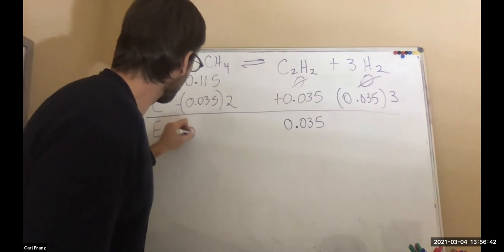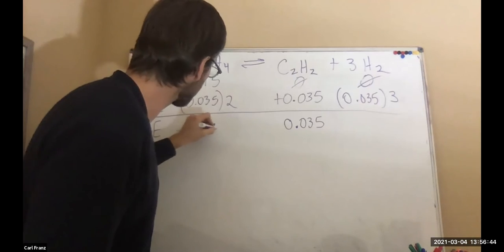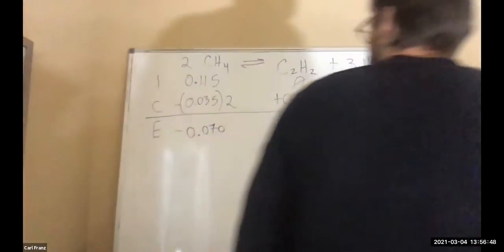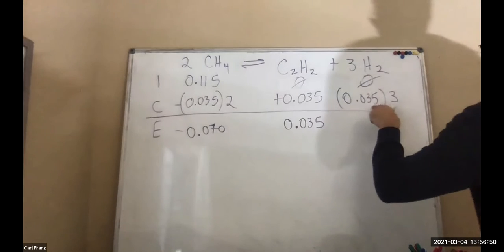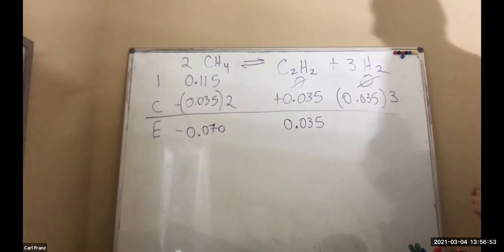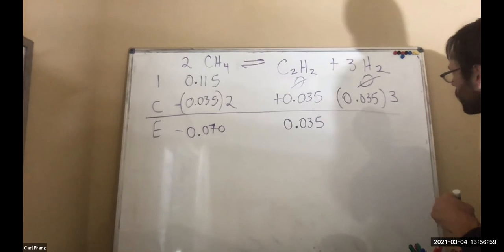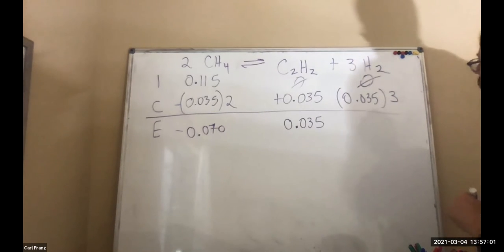A negative 0.070, I think. And what's 0.035 times 3? 0.105 plus.